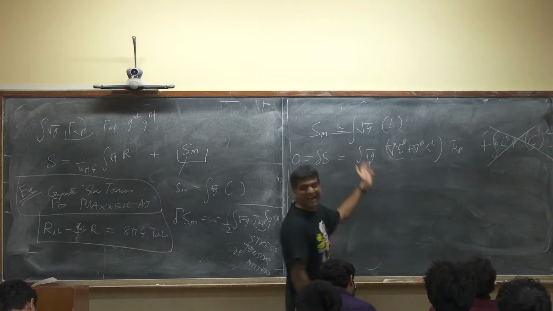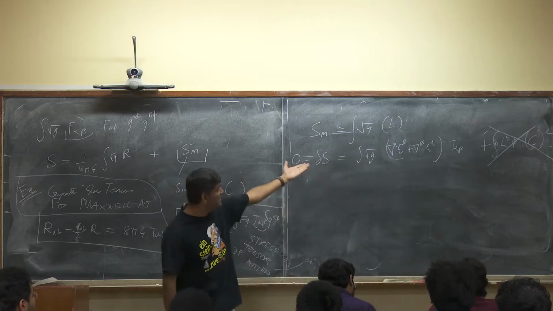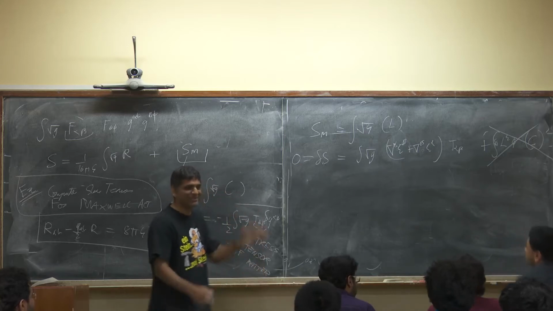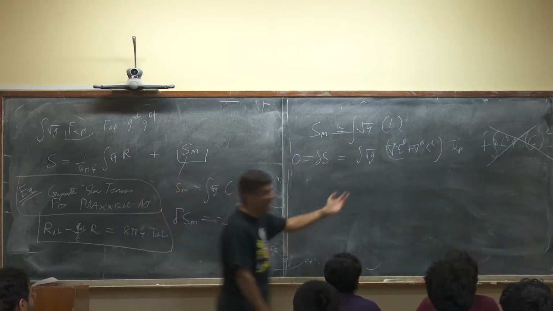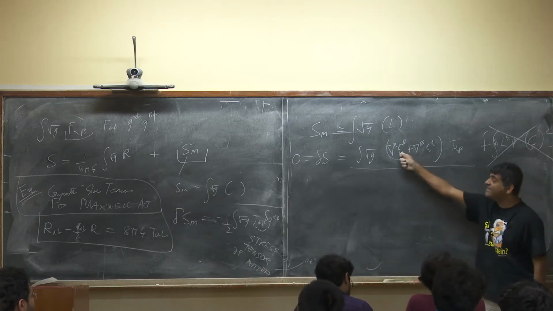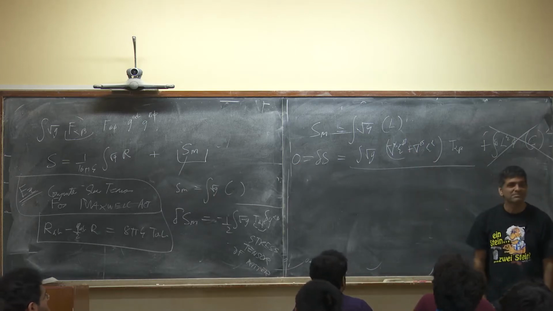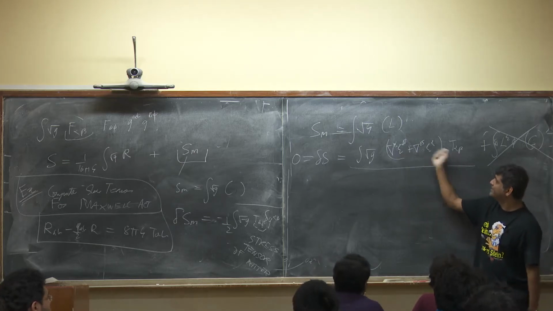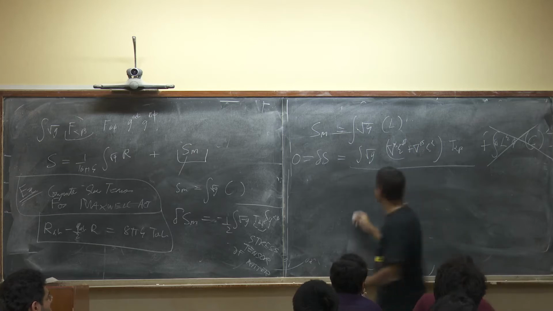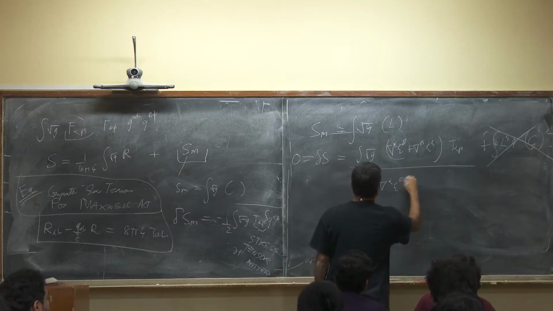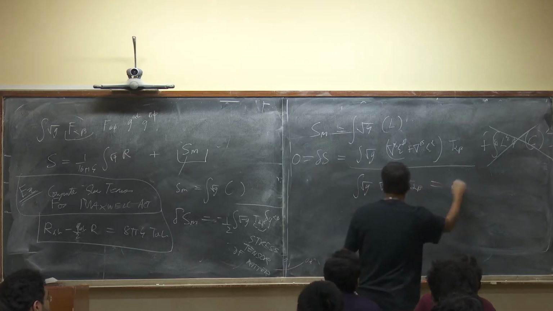I've got some factors of half, minus, but it doesn't matter because if something is 0, then minus half of it or minus twice it or whatever is 0. Okay, so we conclude that this quantity vanishes for every zeta. But t was automatically symmetric, so we don't need to symmetrize here. So we've concluded that the integral of square root g, del alpha zeta beta, t alpha beta is equal to 0 for an arbitrary zeta.